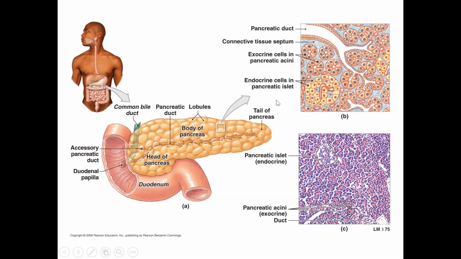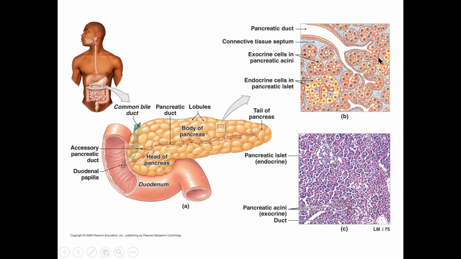Maybe it's on the next slide. Oh, right here. Acinar cells. These cells make enzymes and bicarbonate ions, and these enzymes and ions can be transported through the duct system to the small intestine.